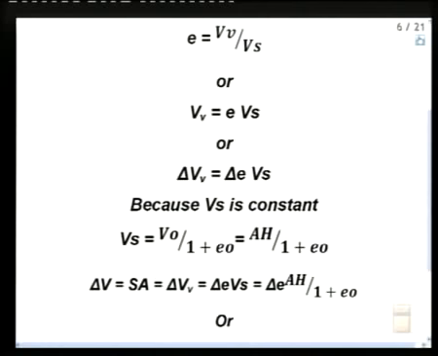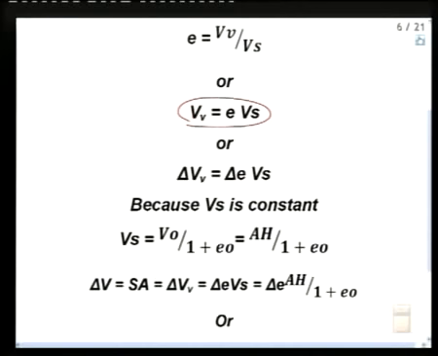Now, the change in volume of voids, delta Vv, will be the change in e, because they are related, multiplied by Vs. Vs is fixed, otherwise I would put delta Vs. But Vs does not change, so I can write this equation as delta Vv equals delta e multiplied by Vs. Convinced? Okay, because Vs is constant.